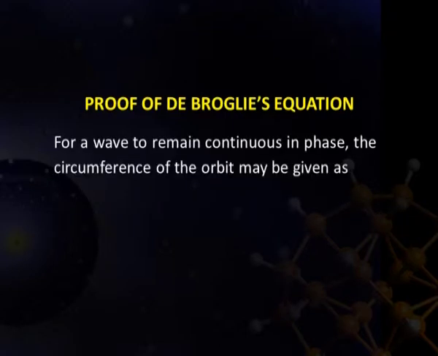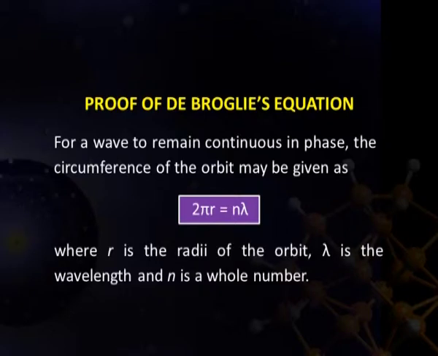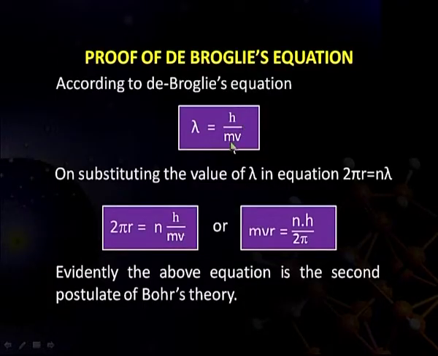For a wave to remain continuous in phase, the circumference of the orbit may be given as 2 pi r = n lambda, where r is the radius of the orbit, lambda is the wavelength, and n is a whole number. According to de Broglie's equation, lambda = h / mv.